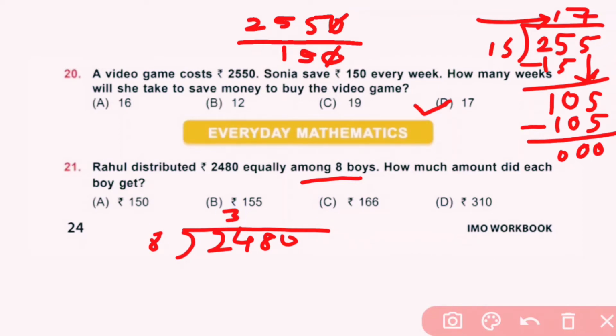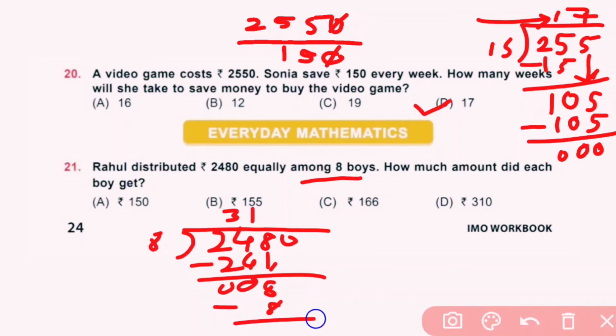Here 8 threes are 24. This 8 ones are 8. And this 0. So each boy gets 310 rupees. D is the correct answer.